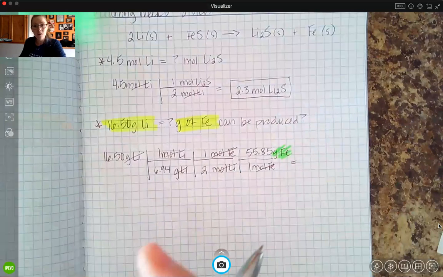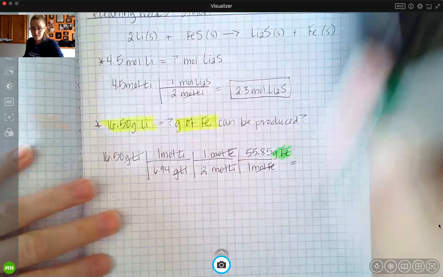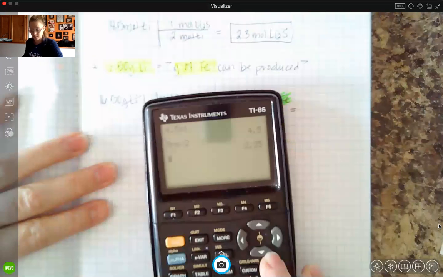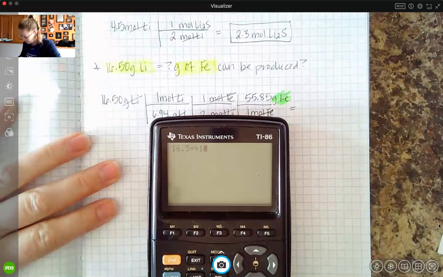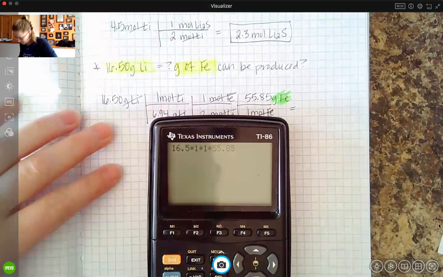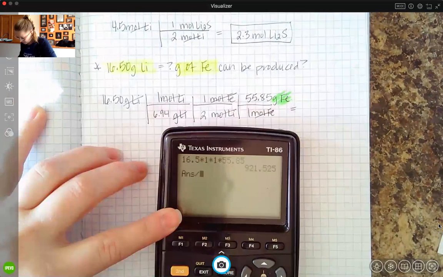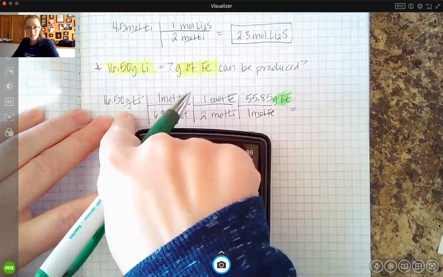The math says multiply everybody on the top and divide by the ones on the bottom. So let's grab our calculator and give this a shot. 16.5 times 1 times 1, oops, 1 times 1 times 55.85 divided by 6.94 divided by 2. The problem has 4 significant figures.